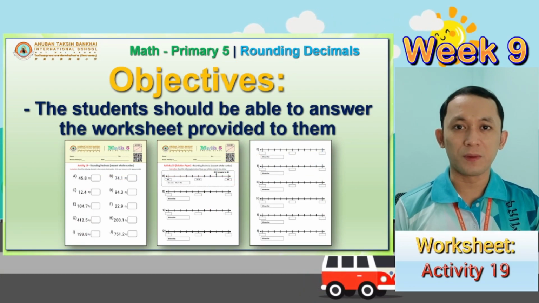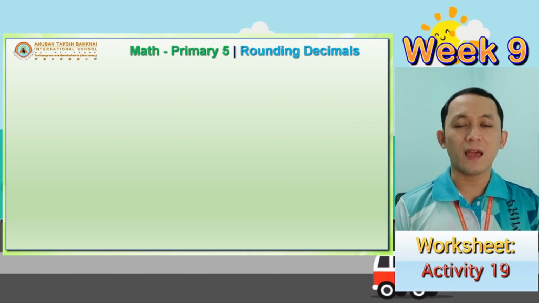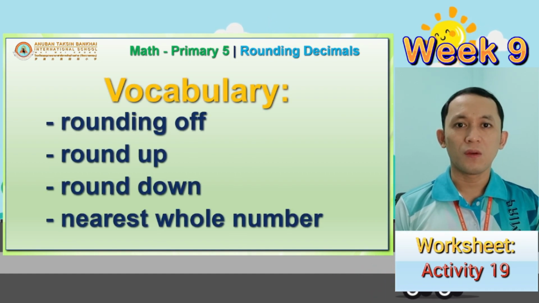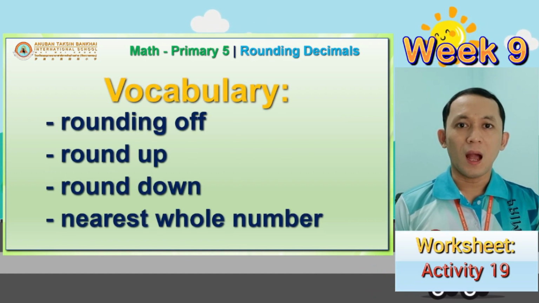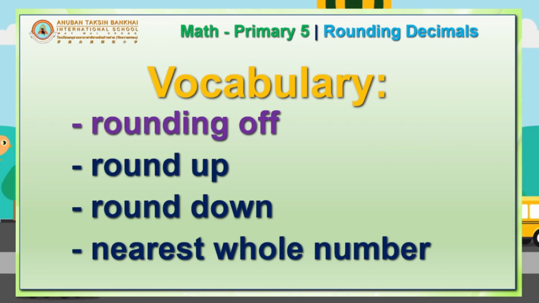or activity number 19. Okay, so before we continue, let's have first our vocabulary for today. Our first word is rounding off. Next, we have round up.